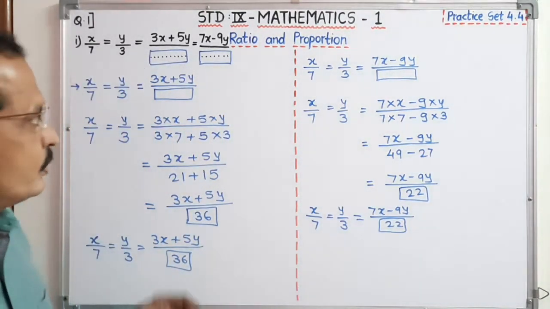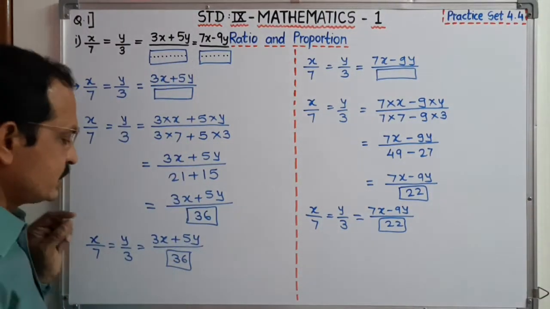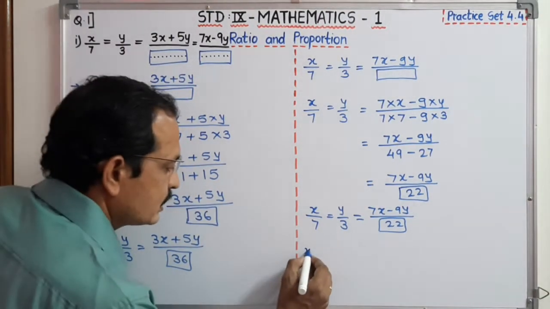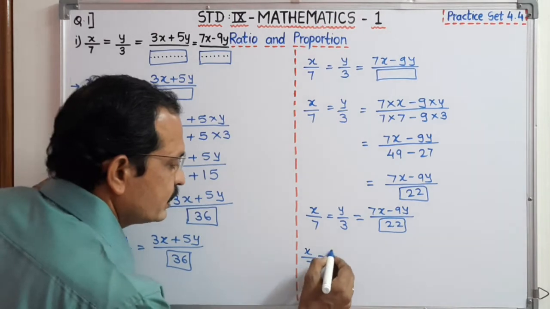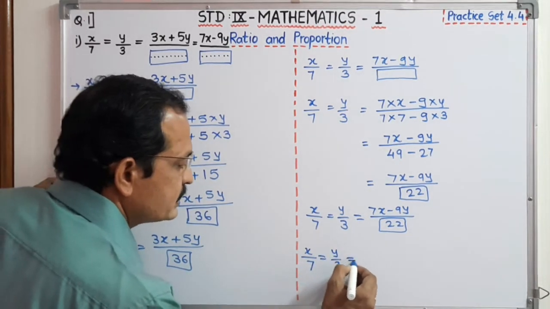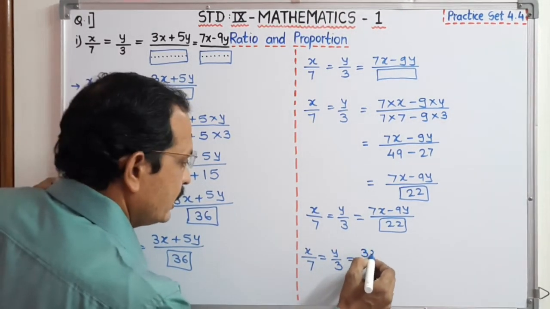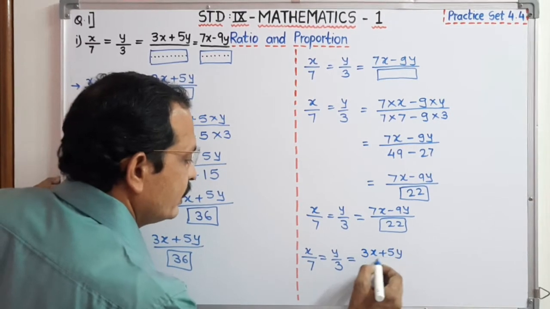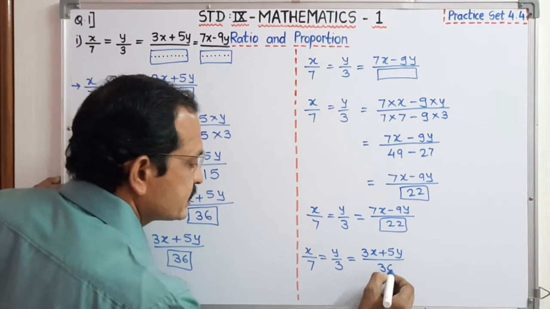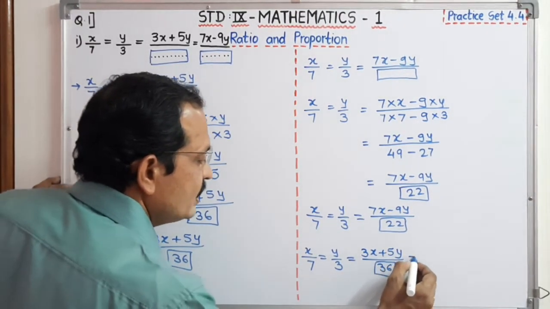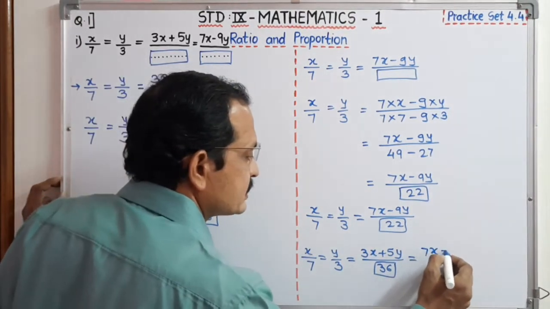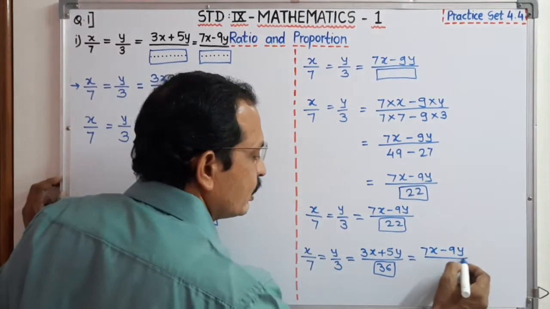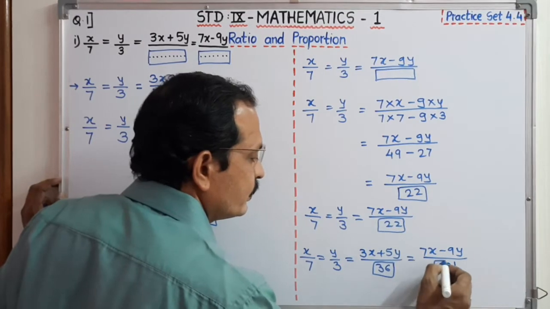In this way, we completed the fill-ups. Now see here, we have to write the final answer. Therefore, x upon 7 is equal to y upon 3 is equal to 3x plus 5y upon 36 is equal to 7x minus 9y upon 22.